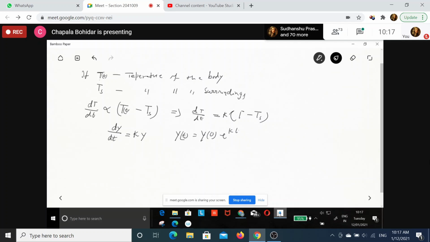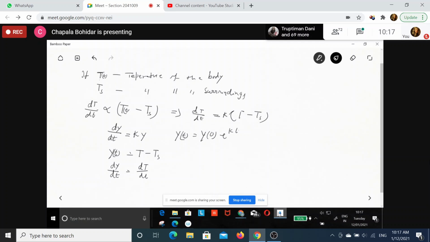So if I put y(t) is equal to T minus Ts, then dy by dt is equal to dT by dt, because Ts is the constant temperature of the surrounding.